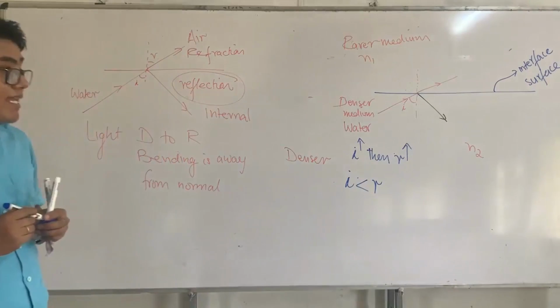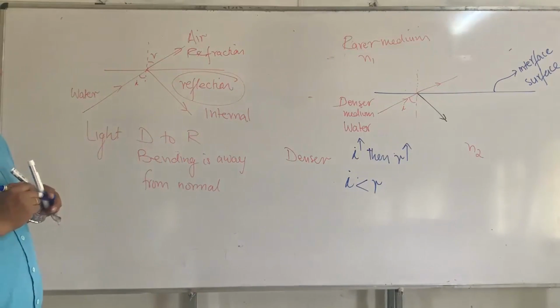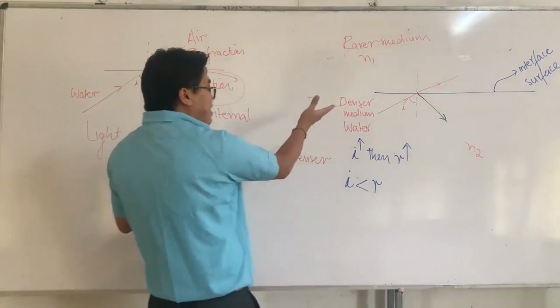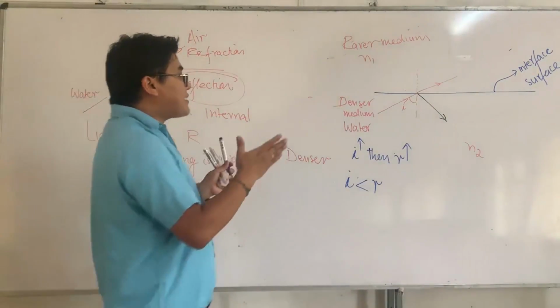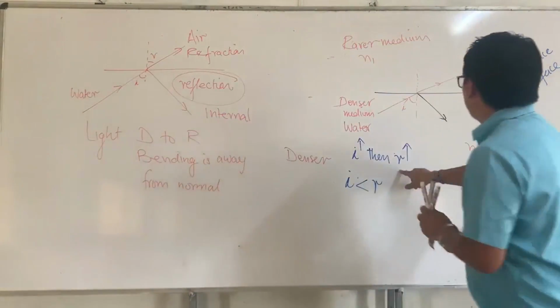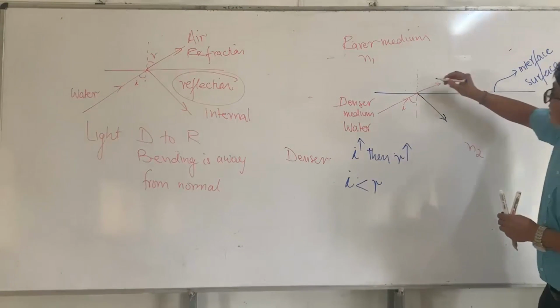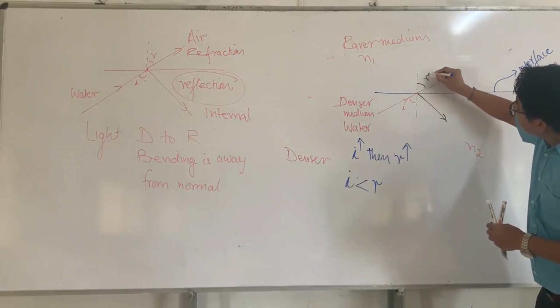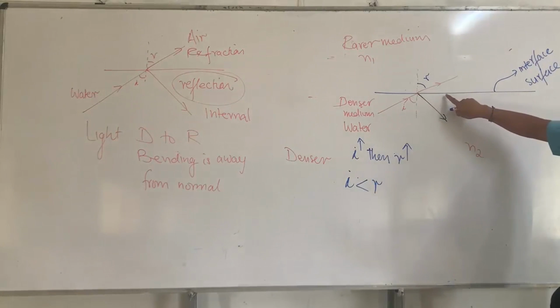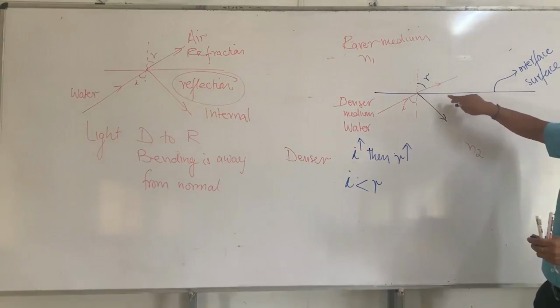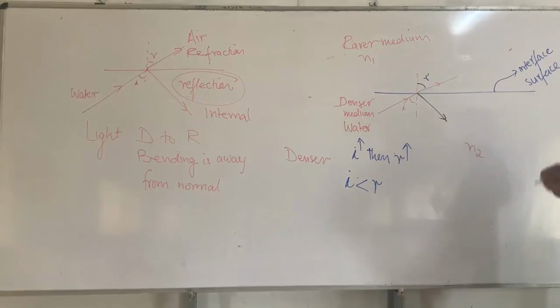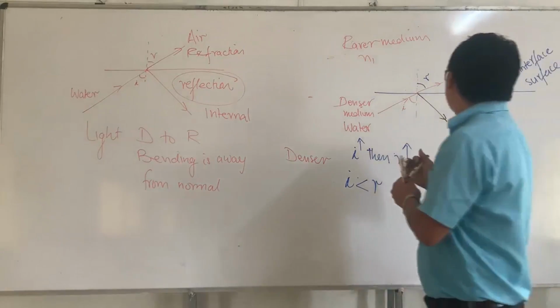Because the bending is away from normal. As I goes on increasing, R has to increase. However, there is a limit to R. You can go on increasing R till the interface surface. You can't increase R beyond the interface surface. So this is the trick, right?